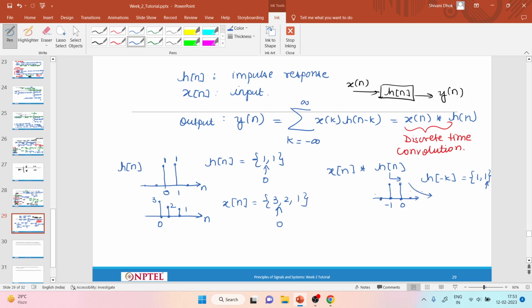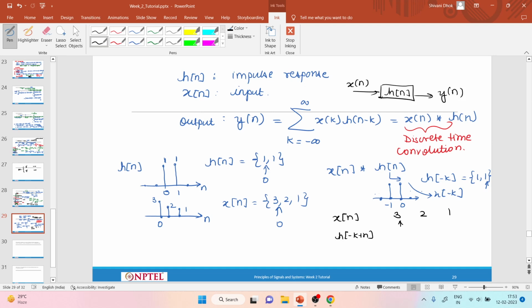So this is my h of minus k, and then we need to shift it one by one. We can easily do this in tabular form: I have this x of n, 3, 2, 1, with this as my 0th index, and let us look at h of minus k plus n.